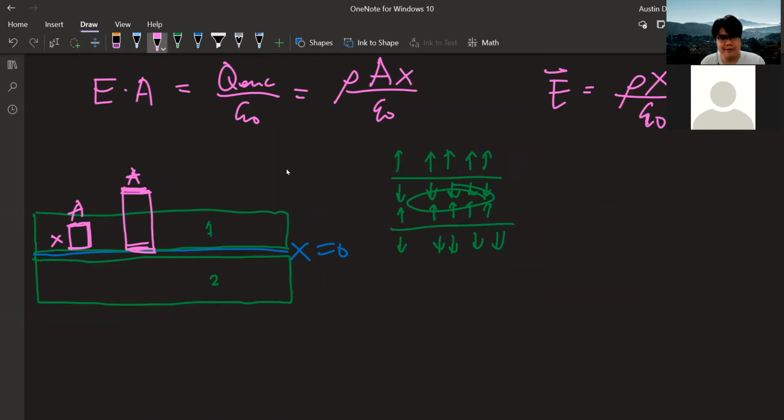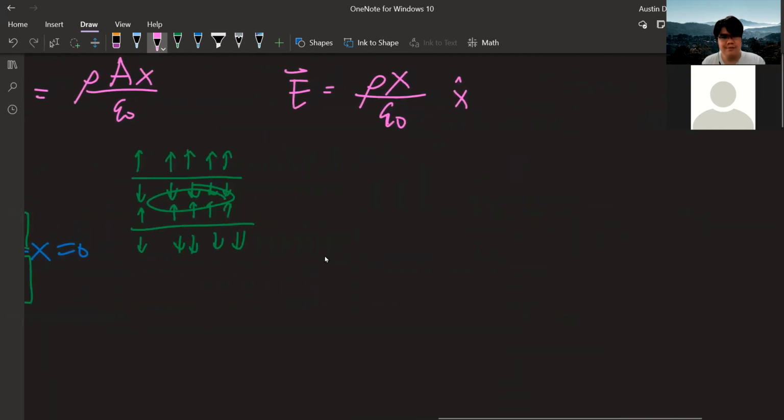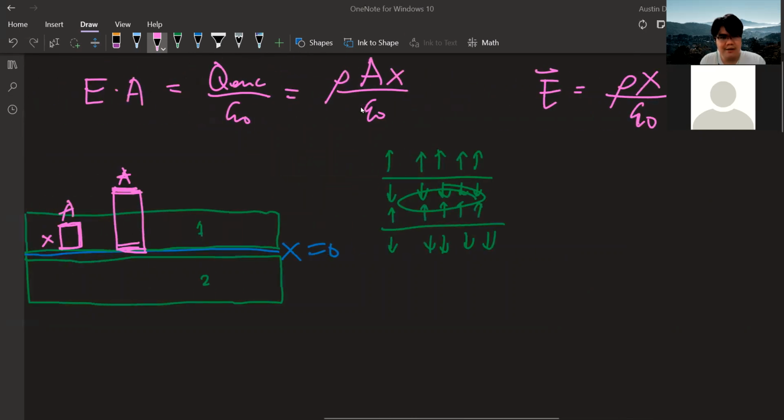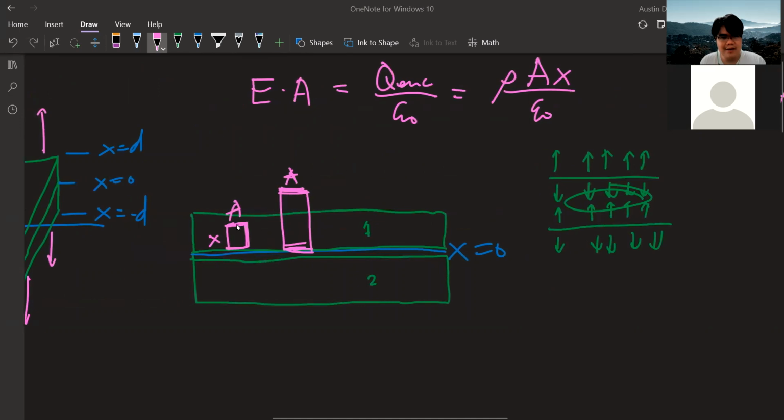yung electric field ko at this point, so above plate, and in the bottom, okay. Bakit may X daw? I-reiterate natin. Bakit may X na nangyari?